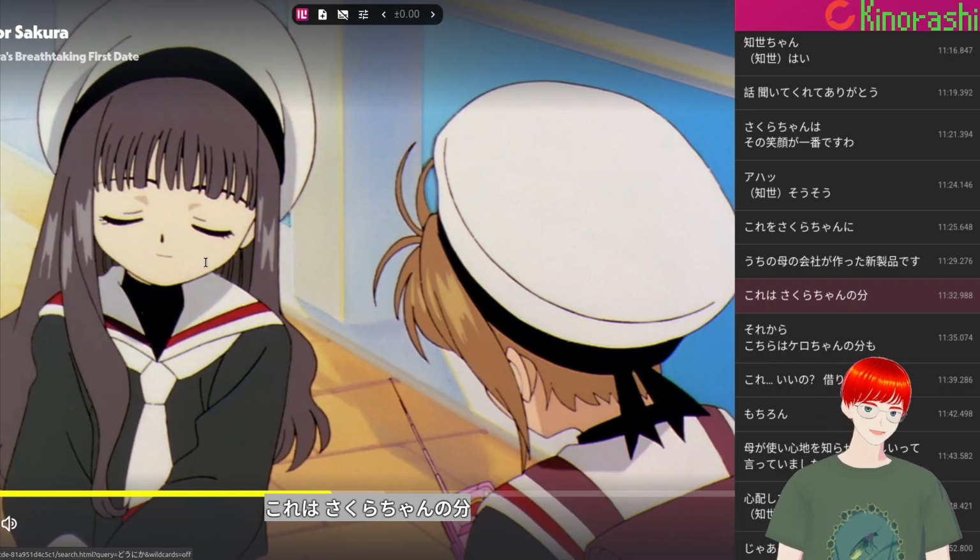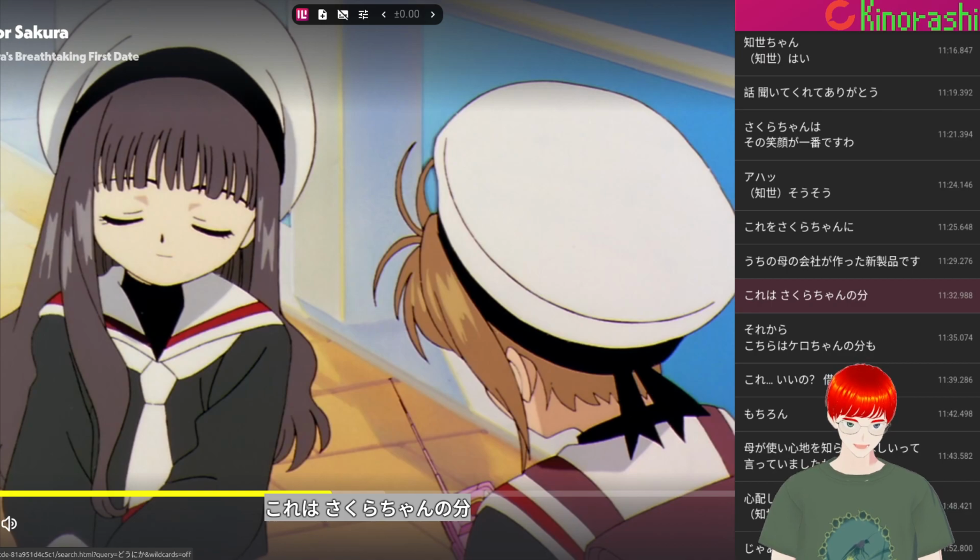This is for Sakura-chan. Now, how does no bun add to that? If you delete no bun, it says this is Sakura-chan's, but if you add the bun to it, it becomes this is for Sakura-chan.